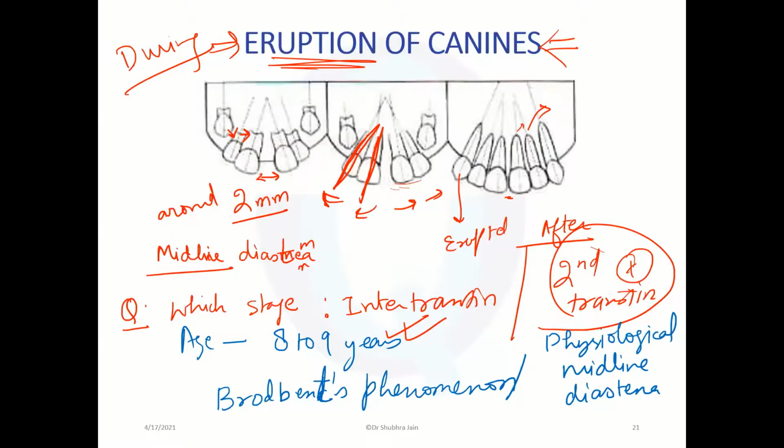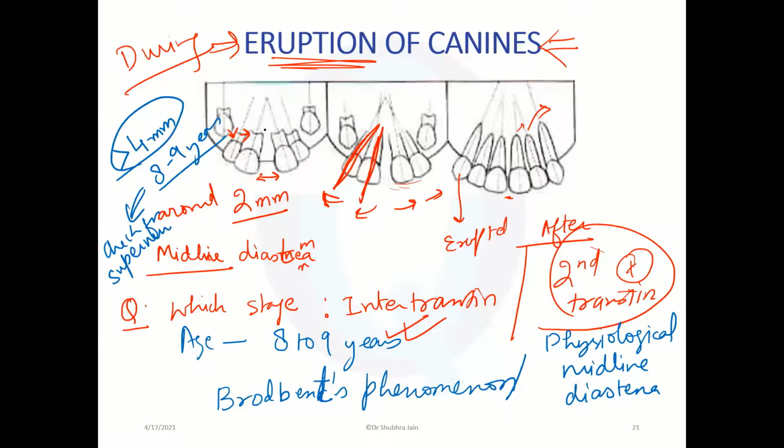If you see a midline diastema of more than 4 mm at 8 to 9 years of age, you need to check for supernumerary teeth. There might be a supernumerary tooth between these incisors, which is causing the increased diastema.